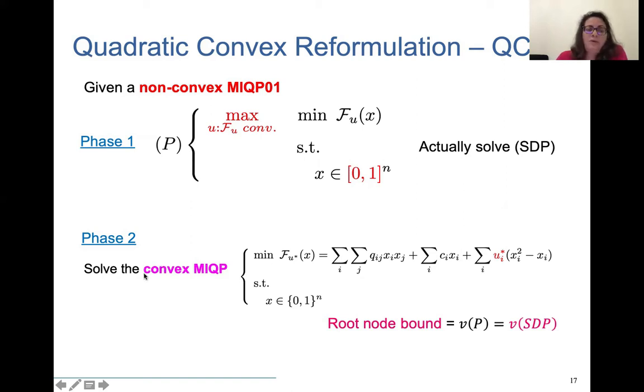And now you can solve the MIQP. So it's an MIQP that can be solved by branch and bound, and at each node of the branch and bound, you solve a quadratic convex problem. And the interesting thing is that at the root node of this branch and bound, the bound is equal to the SDP bound.